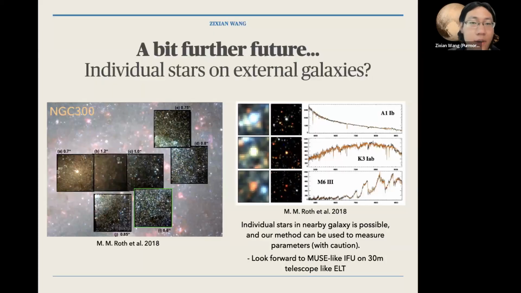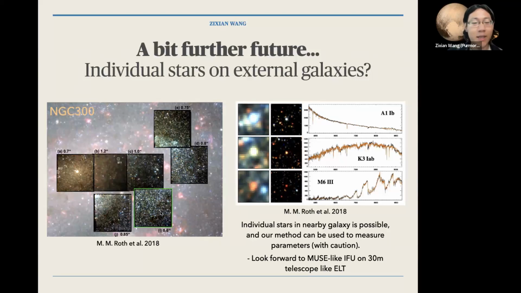And going a little bit further, as I said, this work is mainly to obtain more information in crowded regions of the Milky Way. But crowded regions are not only in the Milky Way. For example, the galaxy NGC 300 is a little further than the Milky Way, but we can still resolve individual stars. Because they are further, the stars are more crowded, so it is also a crowded region, right?